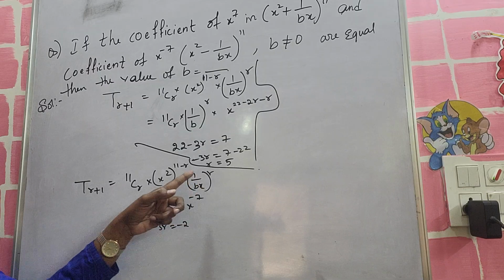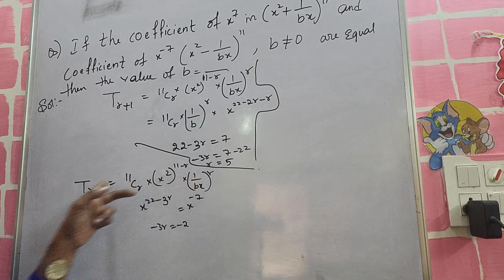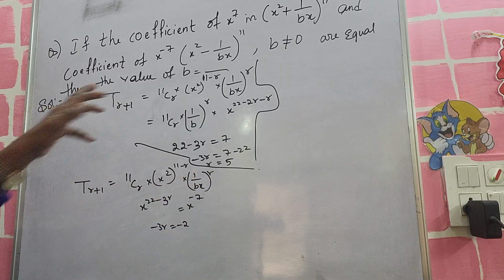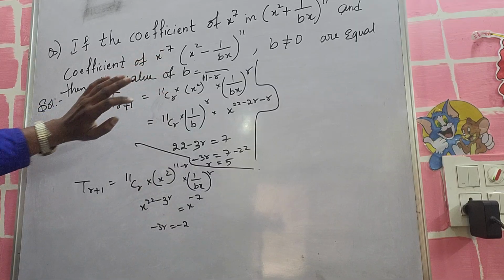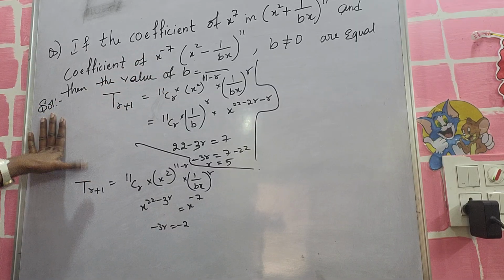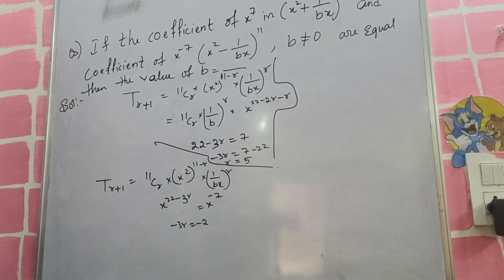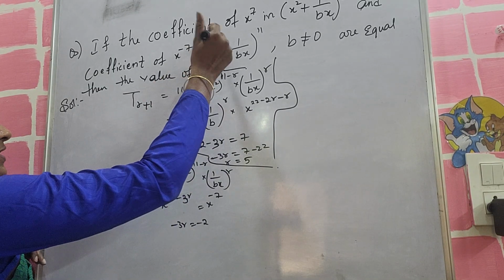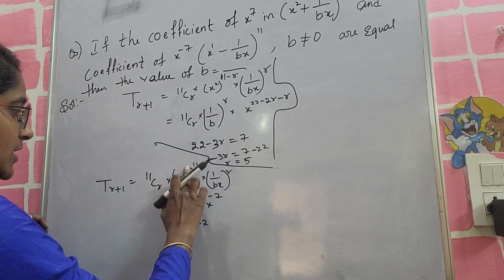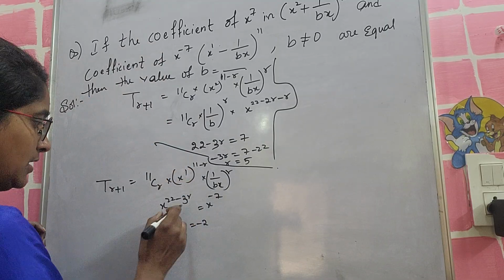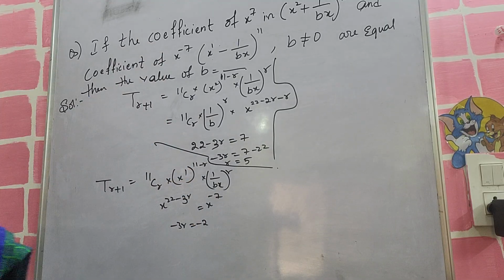x to the power of, so suppose, which term did they tell? x to the power of minus 7. So here is one mistake: the power is 1 over here, it's not 2, it's 1. So we need to make a change over here, it's a 1. Then this part will change.